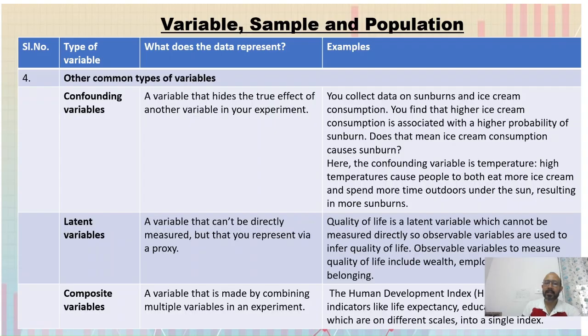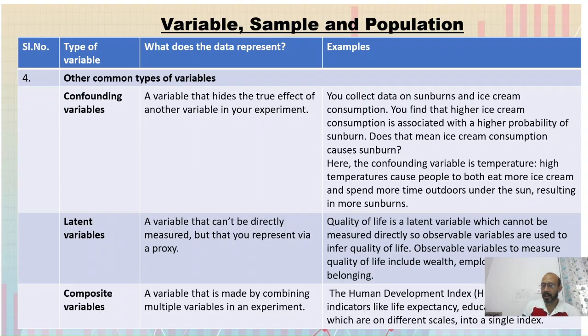Confounding variable: a variable that hides the true effect of another variable in your experiment. You collect data on sunburns and ice cream consumption. You find that higher ice cream consumption is associated with a higher probability of sunburn.